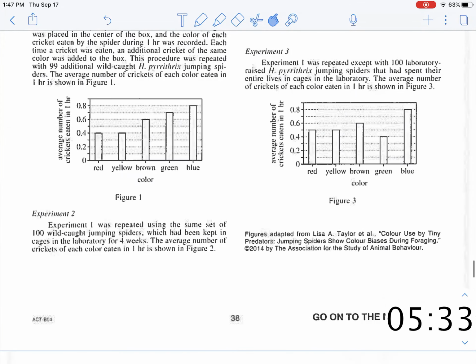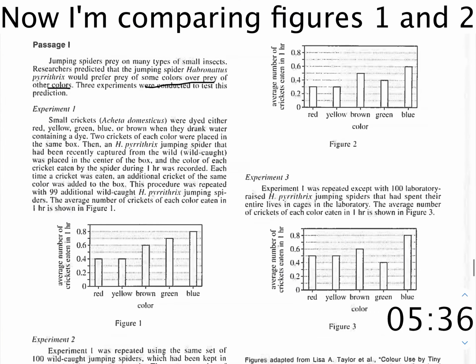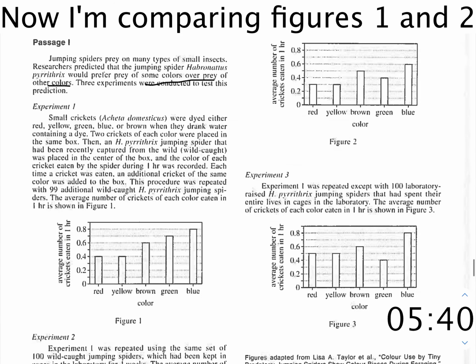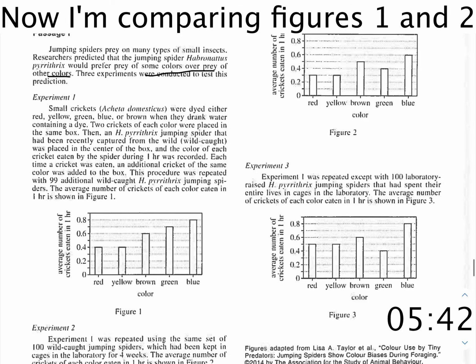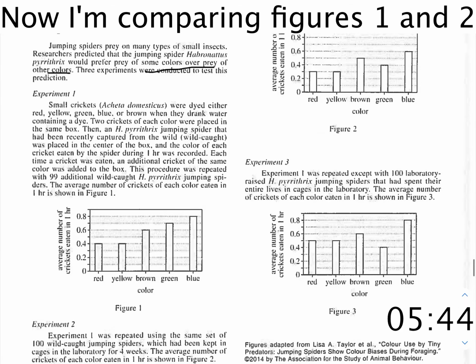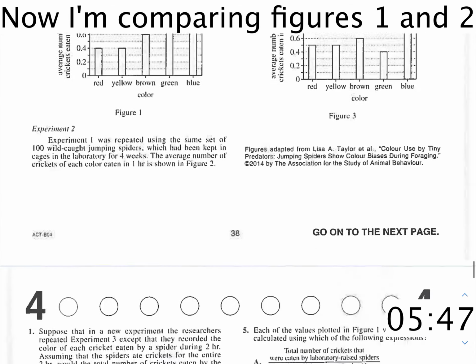More green. They ate less on average. That's what it looks like to me. But I don't know. They ate less green ones. Wait. Can it be both?